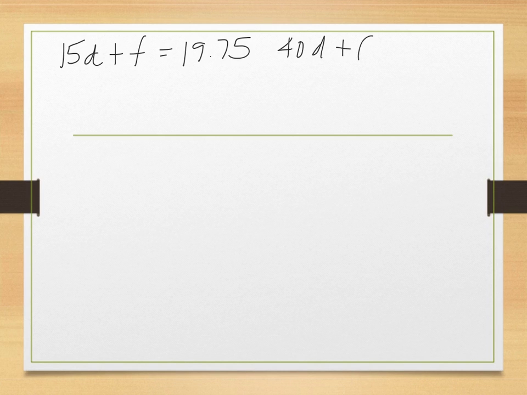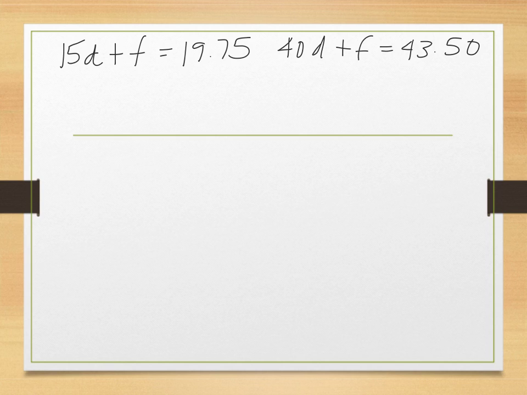So our first equation would be, if I'm talking about 15 downloads, so 15 downloads plus the one-time fee costs $19.75. In the second equation, I have 40 downloads plus the one-time fee equals $43.50. And we're just trying to figure out how much it costs for downloads and the fee.